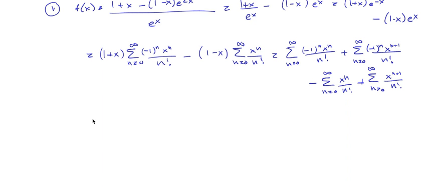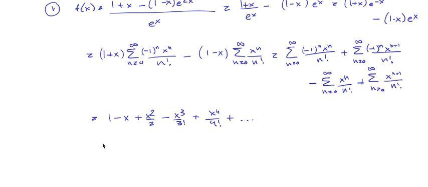Maybe it's easier if we just expand this thing. So this is going to be 1 minus x plus x squared over 2 minus x cubed over 3 factorial plus x to the 4th over 4 factorial, and so on.